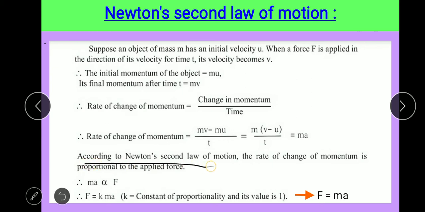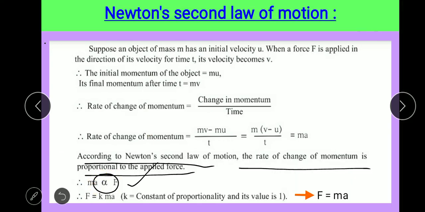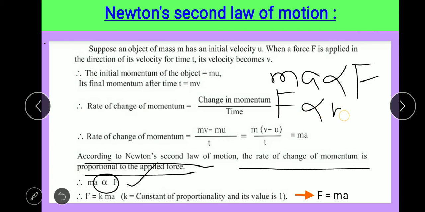See, according to Newton's second law of motion, the rate of change of momentum is proportional to applied force. That means ma is proportional to F, students. When we are talking about F, we have ma proportional to F, so I can write in inverse way, F is proportional to ma.